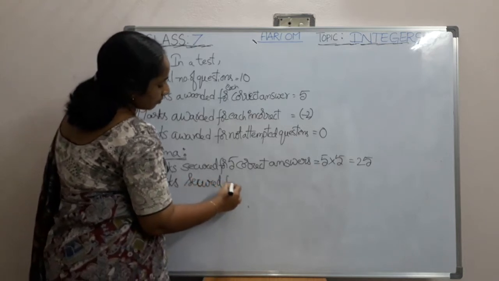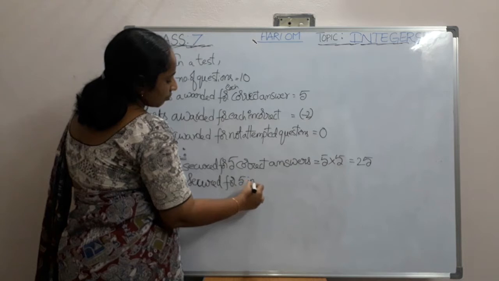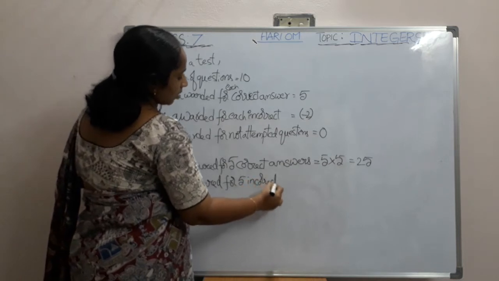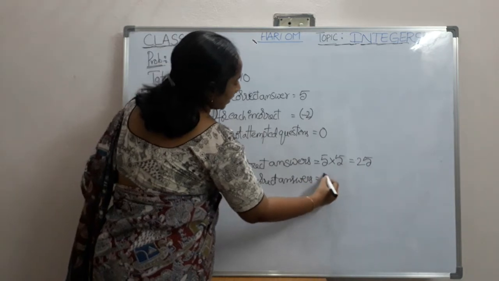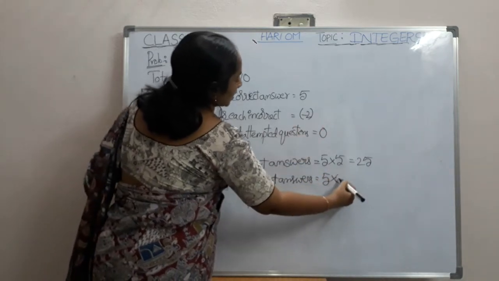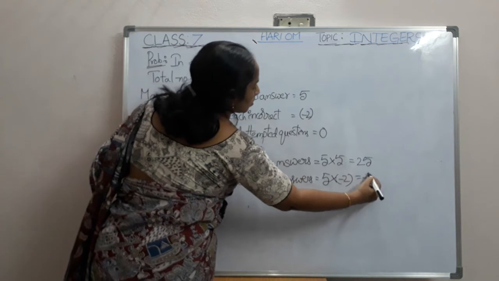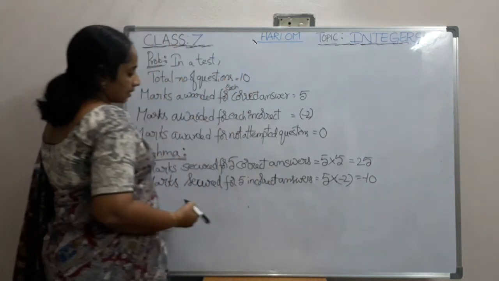Marks secured for 5 incorrect answers: it is 5 into, for each incorrect answer, minus 2, it is minus 10.